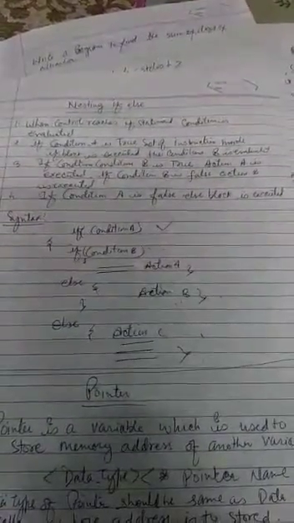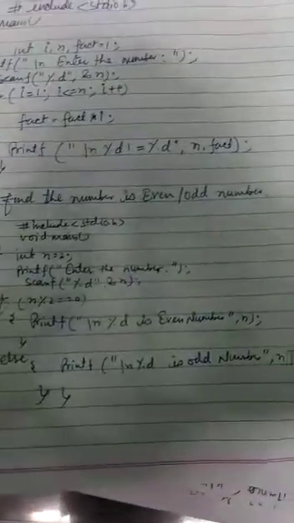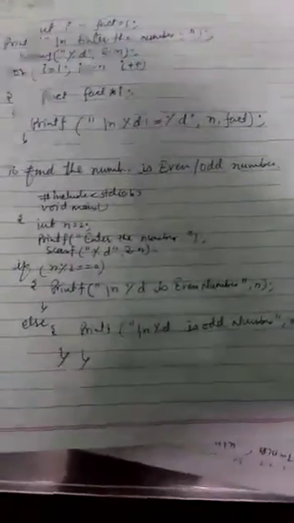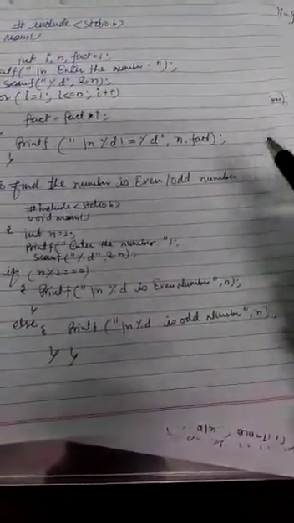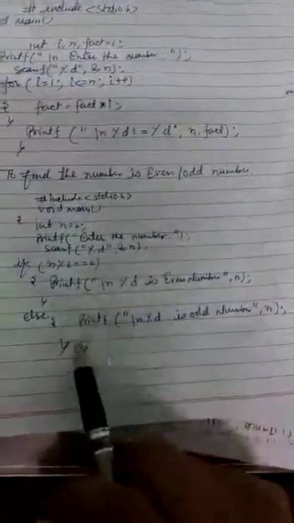We will understand the if else condition and nesting if else condition through programs. Let us take a program for the if else condition. If we have to find whether a number is even or odd, then we apply the if else condition.